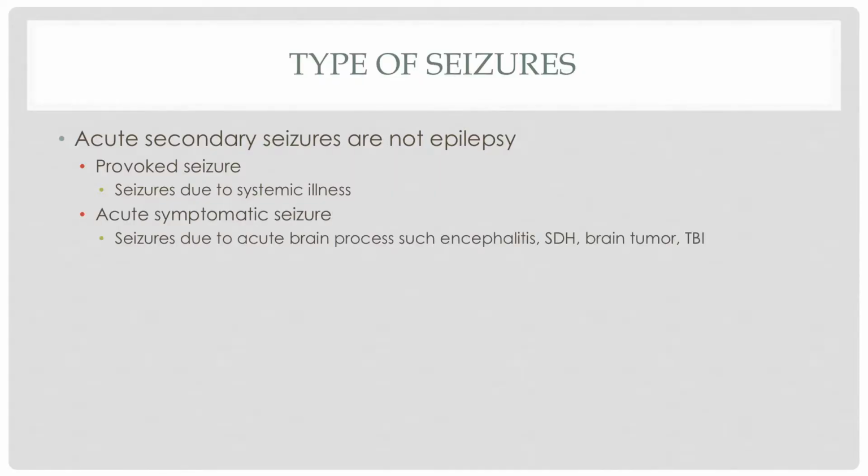So the second type of acute secondary seizure is the acute symptomatic seizure. This type of seizure occurs in the setting of an acute primary brain process such as encephalitis, subdural hematoma, brain tumor, or TBI. And this group may need to be treated for a short period of time, but there is no evidence to support long-term treatment.